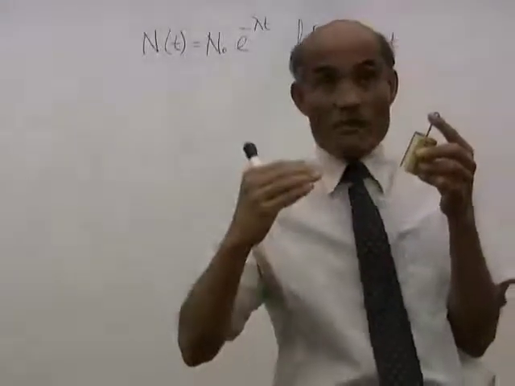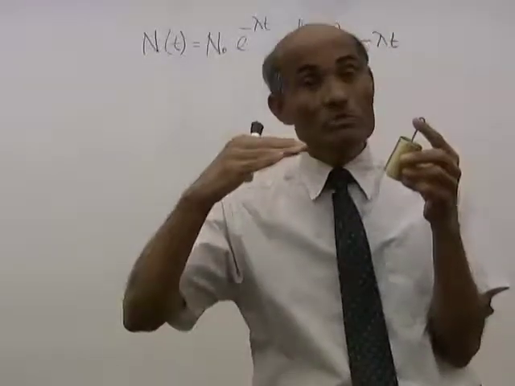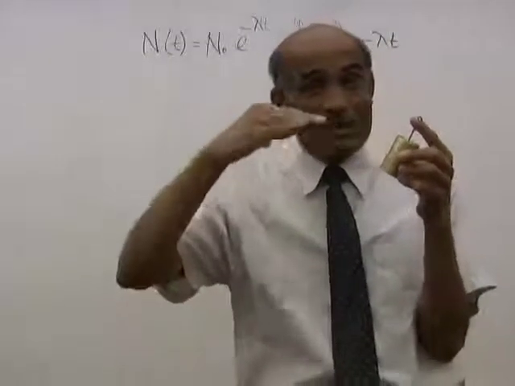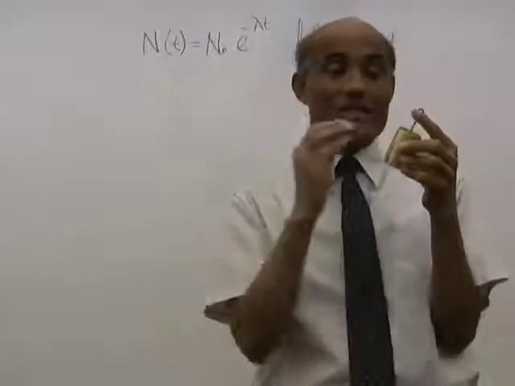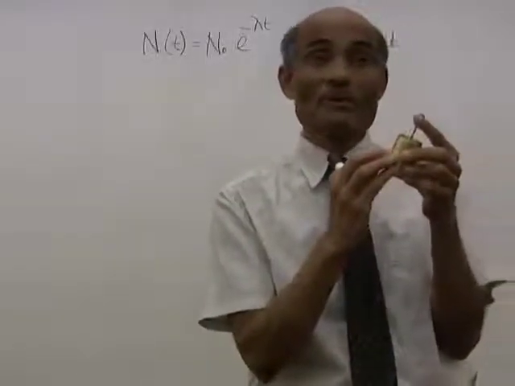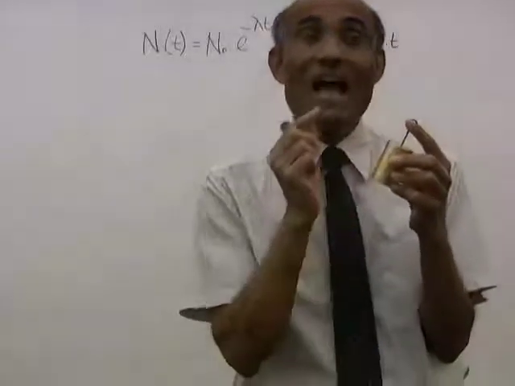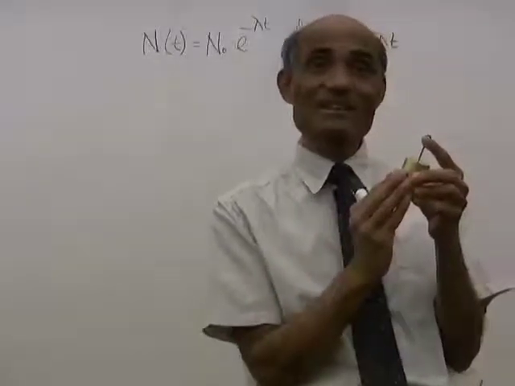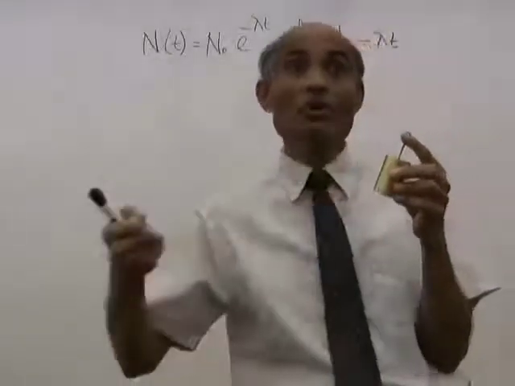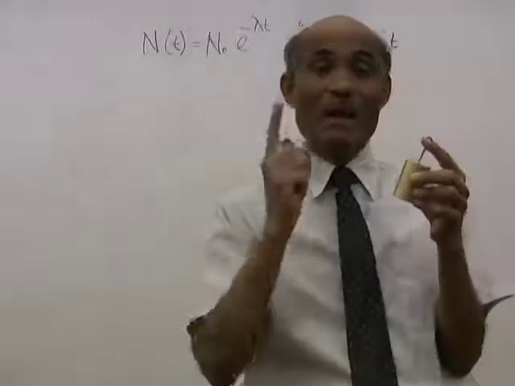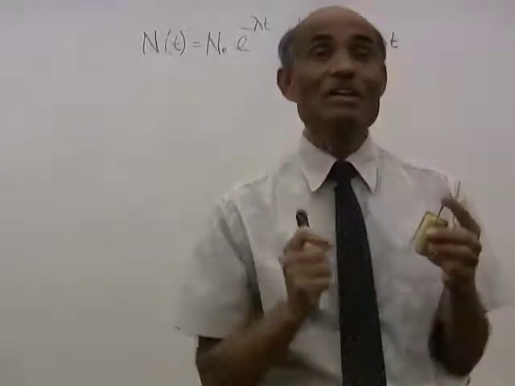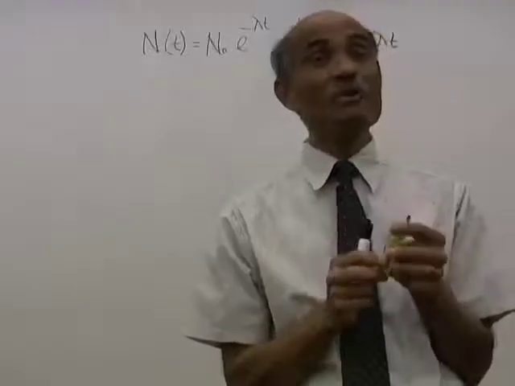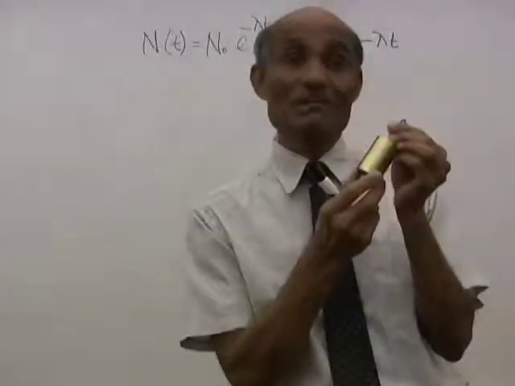And with time, that n0 will become smaller and smaller. A time will come when there will be exactly half of the original radioactive atoms present in here. The rest have become the daughter element. Now, the time taken to achieve that is called the half-life period of this element.